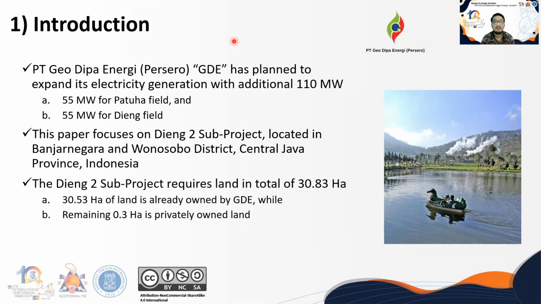In summary, the Dieng 2 sub-project requires land in total of 30.8 hectares. The majority of it, around 30.5 hectares of land, is already owned by Geodipa, while the remaining 0.3 hectares is privately owned land.